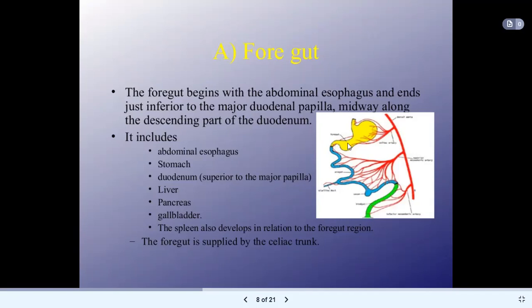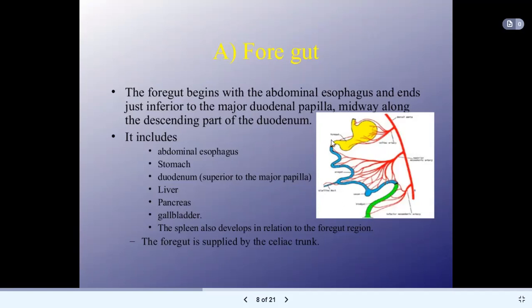So everything you see in yellow in this picture makes up part of the foregut. Here we have the abdominal esophagus, and then we have the stomach. This is the stomach you can see here. And then we have the pylorus of the stomach.